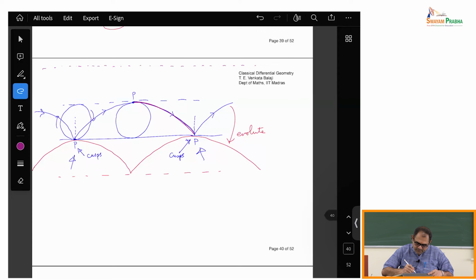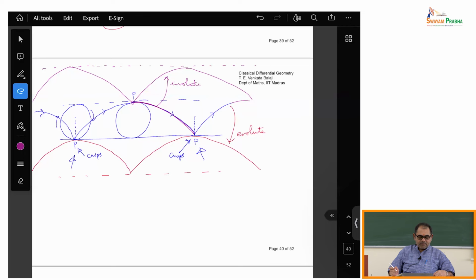So interestingly, you will get this cycloid. This is the involute you will get if you pull out the string from this topmost point.